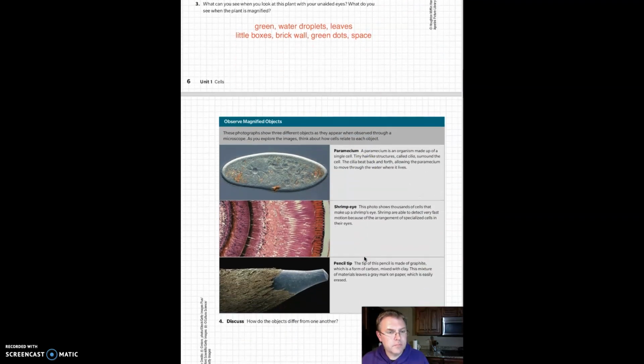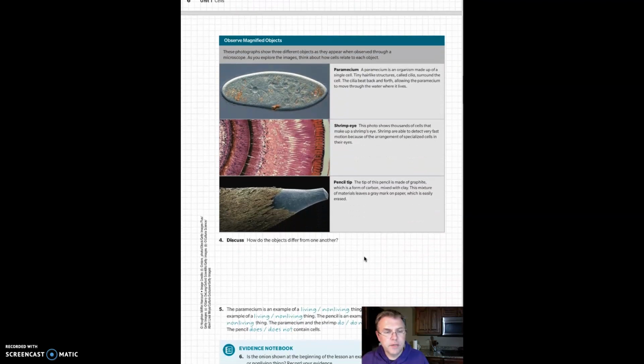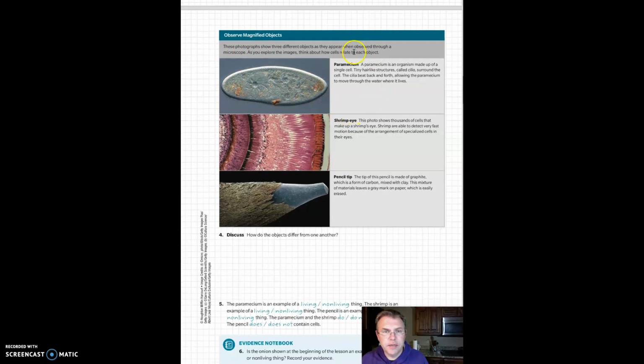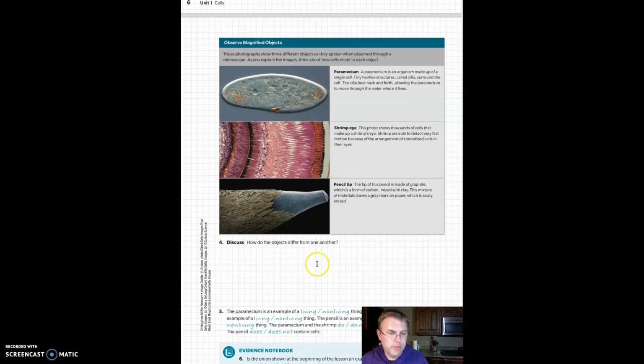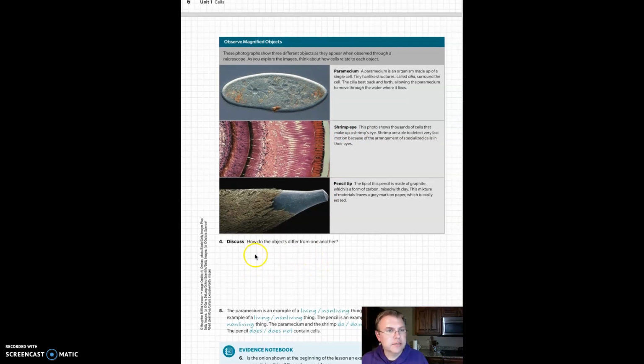Okay? And as we keep moving forward here, we just see a couple pictures of some magnified objects. We've got a paramecium, we've got the eye of a shrimp, and then we've got the tip of a regular pencil like you'd be using in class. Okay, and the question down there says, how do these objects differ from each other?